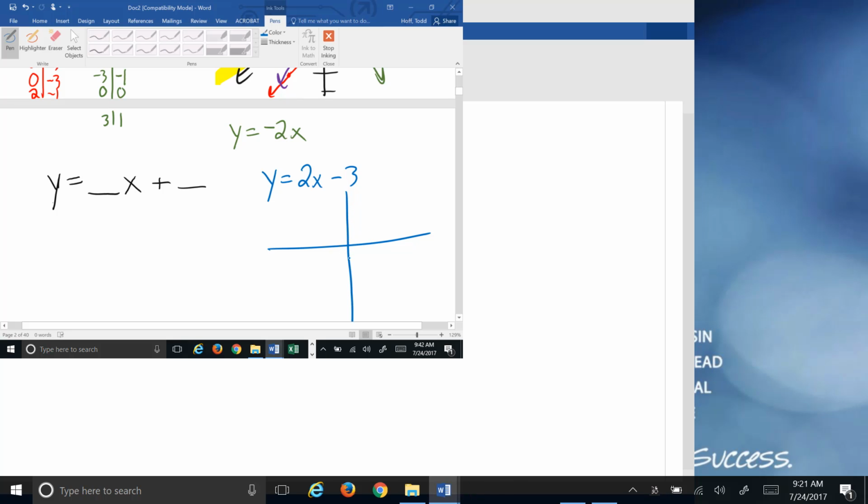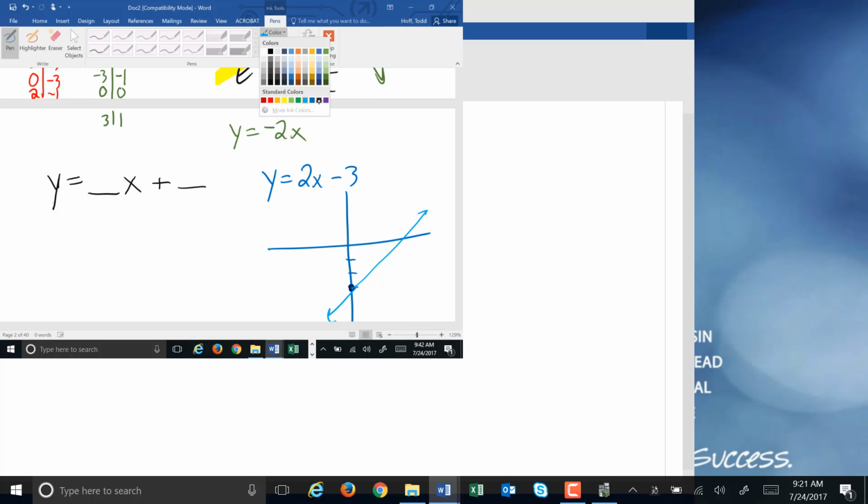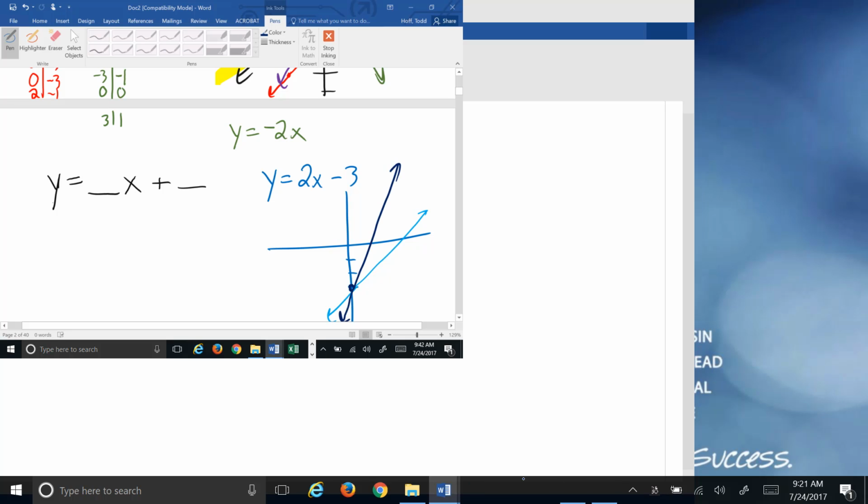No, the subtracting 3 tells us it goes down 3, right? So we're going to start out down here. And the 2 tells us that it's going to be steeper than, rather than having this 45-degree angle across the graph, it's going to be steeper than that. So something like that.